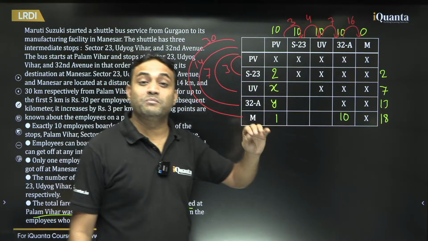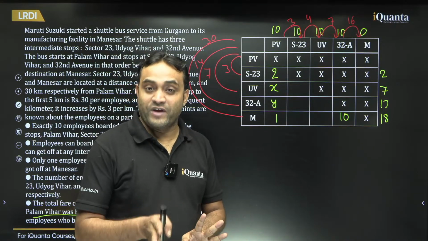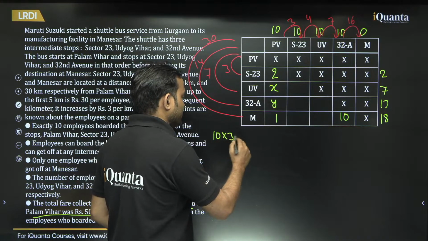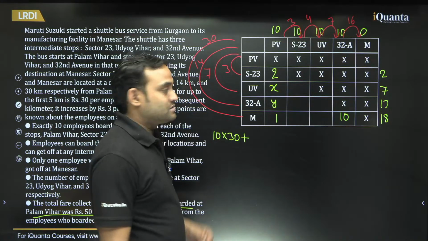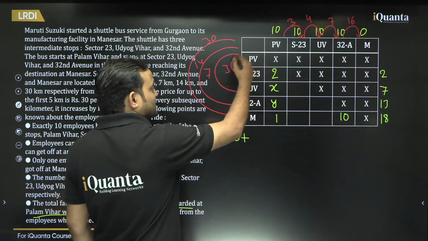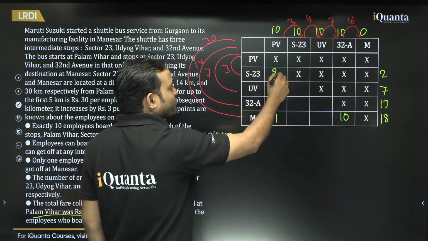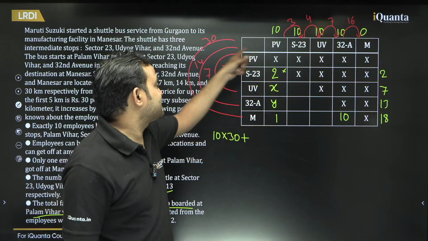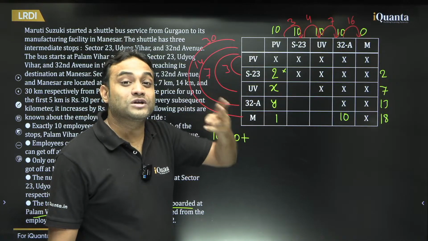So all of them must have paid the basic fare, right? So 10 employees, all of them paid the basic fare. These two employees, the distance is 3, so they don't have to pay anything else. Now these x employees, the distance is 7 kilometer, means 2 kilometer extra.